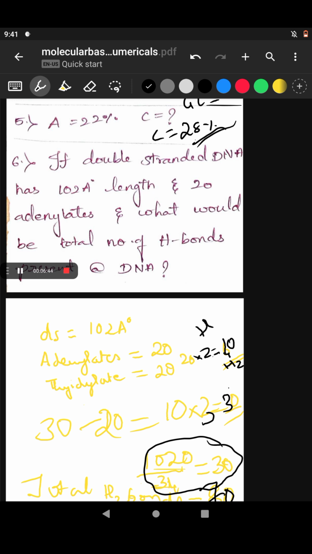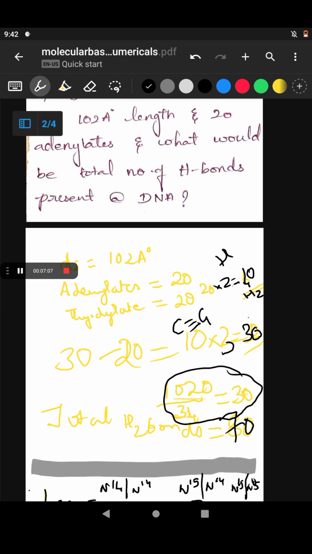But total adenylates are 20 and total base pairs are 30. 30 minus 20 is 10. So you multiply this 10, which is logically the bond between cytosine and guanine, so it is triple bond. 10 into 3 is going to be 30. So totally it will be 30 plus 40. So the total number of hydrogen bonds is 70.